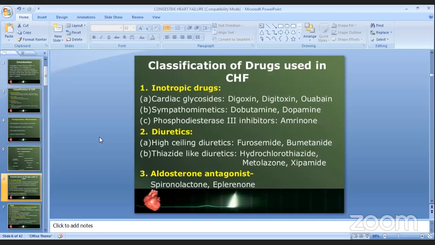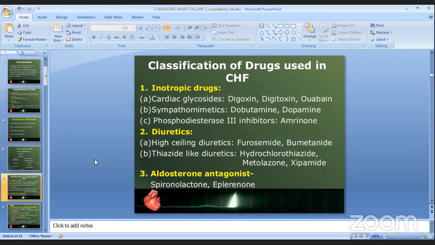So what is the cumulative effect of digitoxin or digoxin or any cardiac glycoside? Basically, the elimination rate of digitoxin or digoxin is very slow, and there is accumulation of the drug in the body, and ultimately if you are not able to monitor the dosage, there is a chance of toxicity.